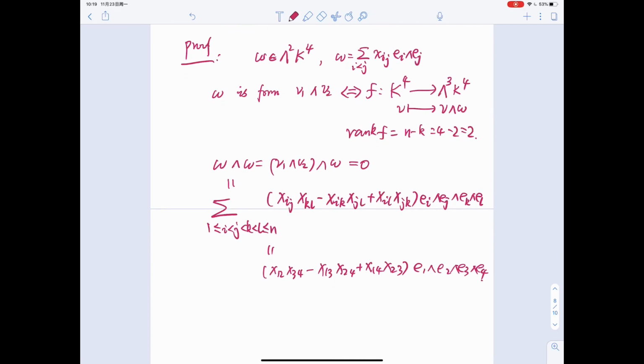So we have shown that G(2,4) is just cut out by the quadratic equation.